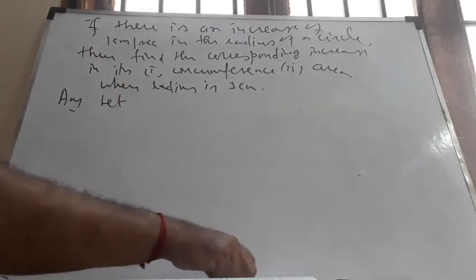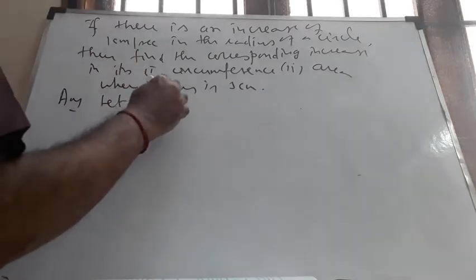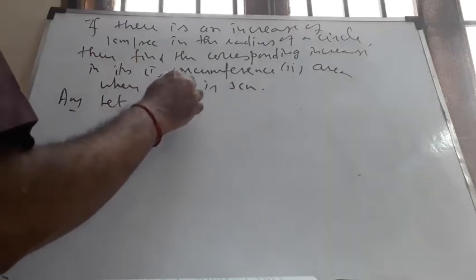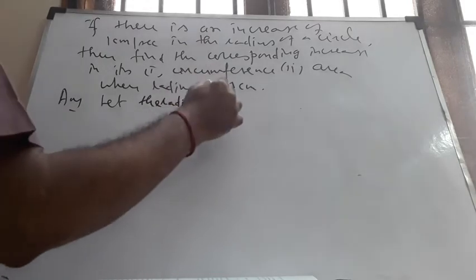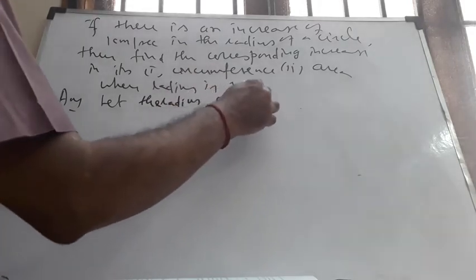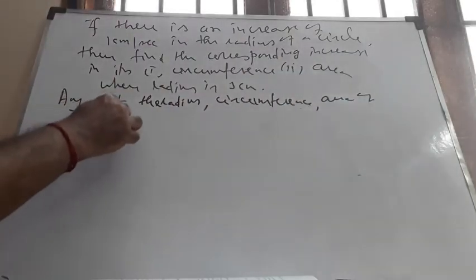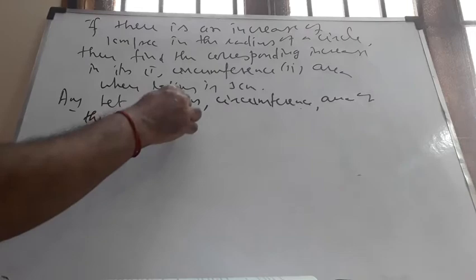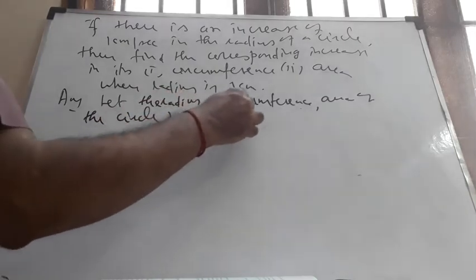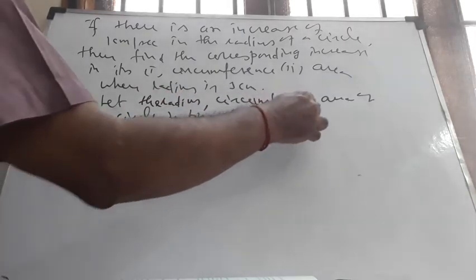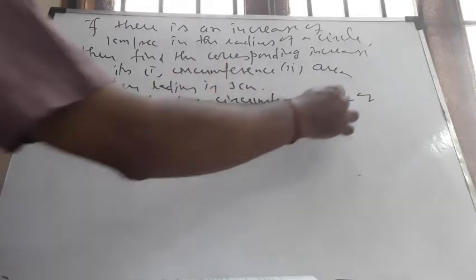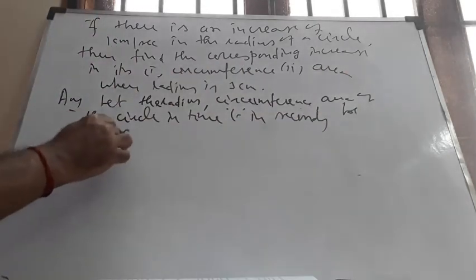I am supposed to give the various notations initially, then only we should proceed. Let the radius, circumference, and area of the circle in time t in seconds be R centimeters, C centimeters, A centimeter square respectively.